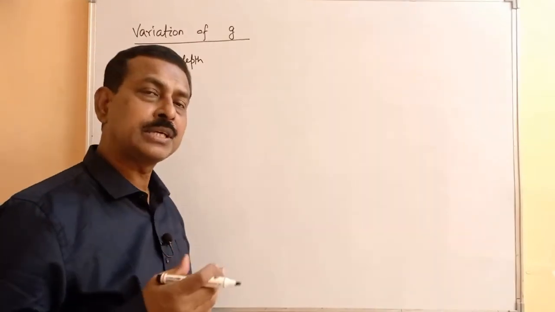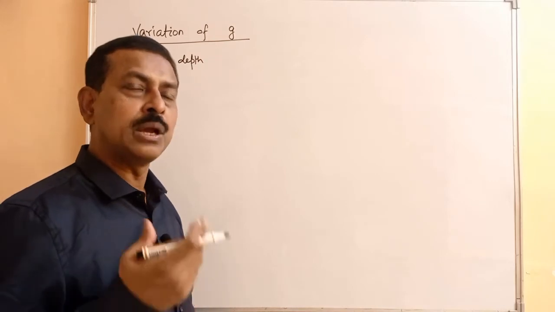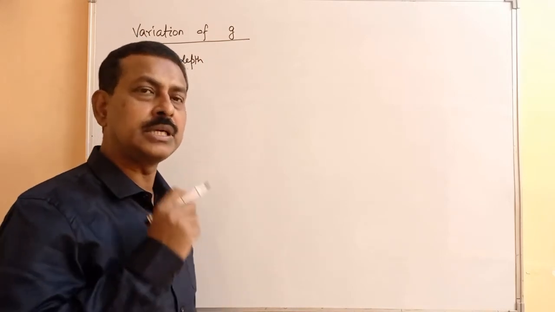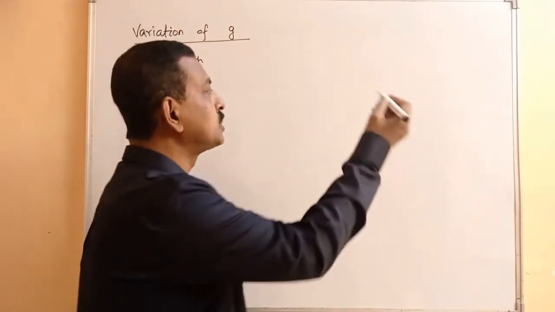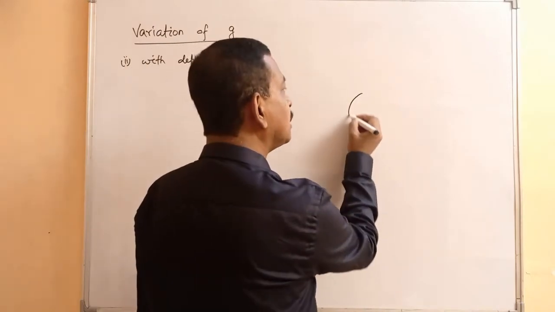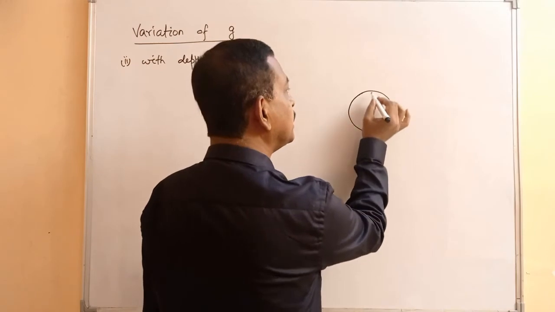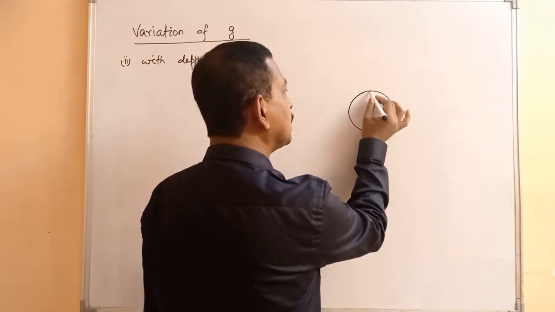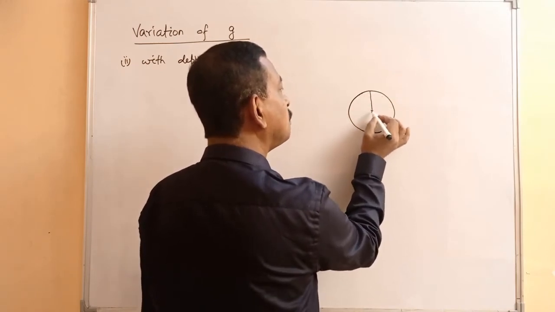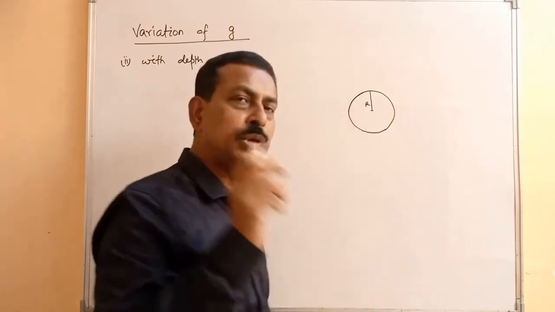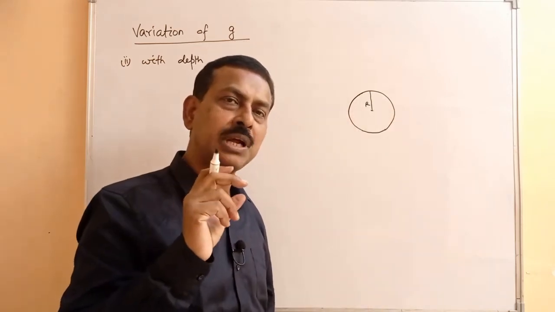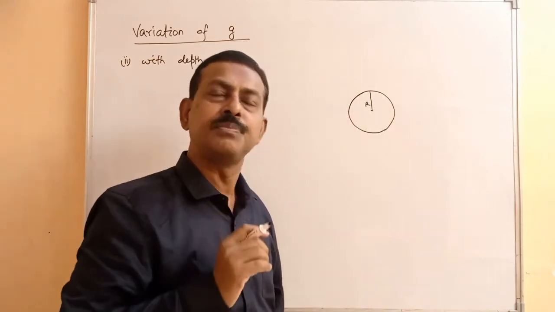Let's take the second factor on which acceleration due to gravity varies, that is the depth. So suppose you consider that this is earth, its radius we have taken as r. We want to find acceleration due to gravity at a depth d from it.